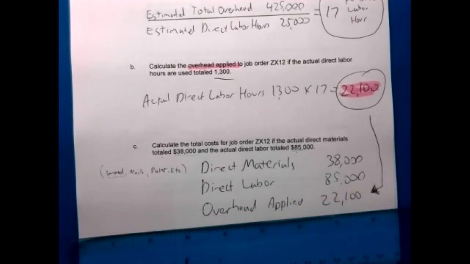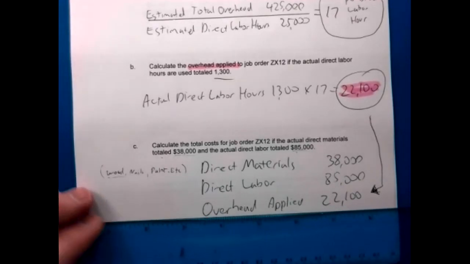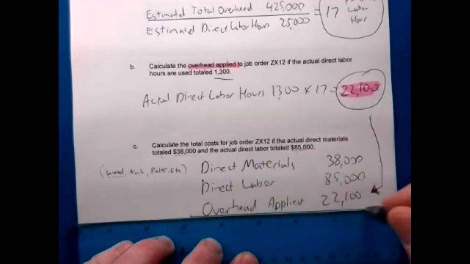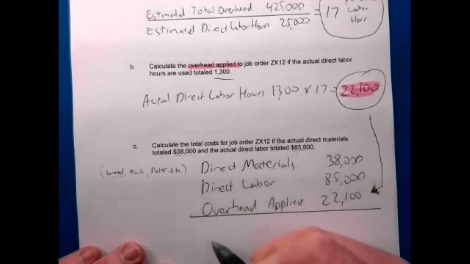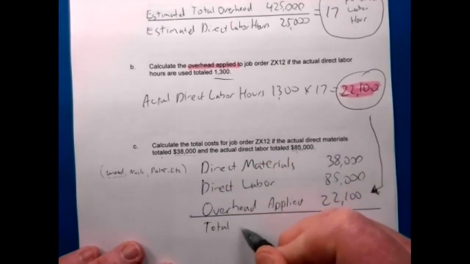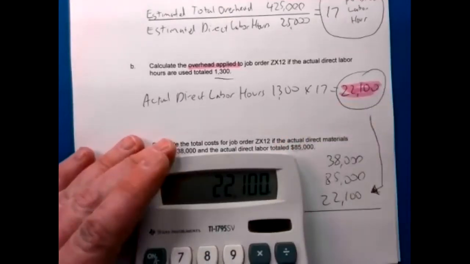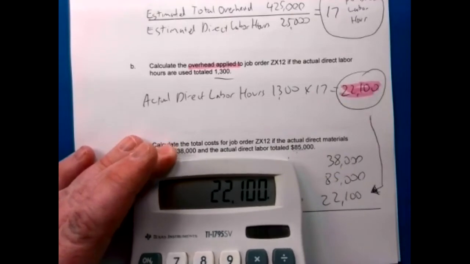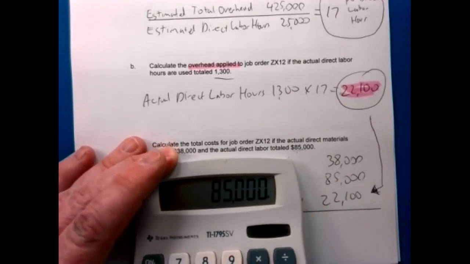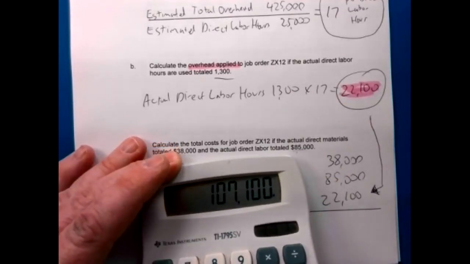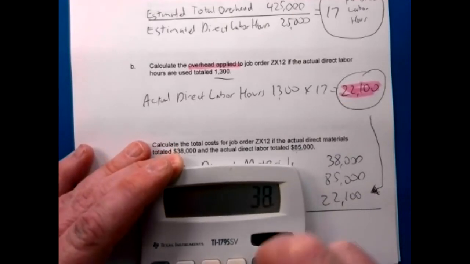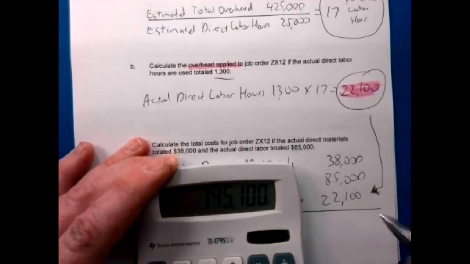Okay, so this will be the total. Almost together. 22,100 plus 85,123 plus 88,3.